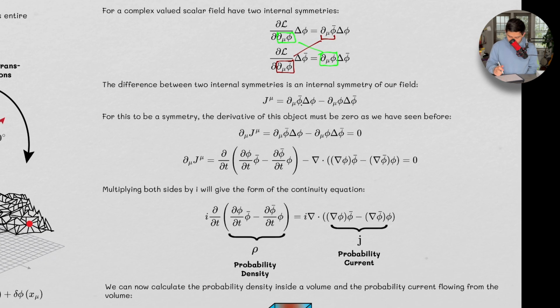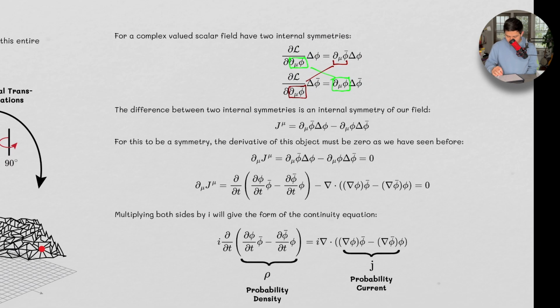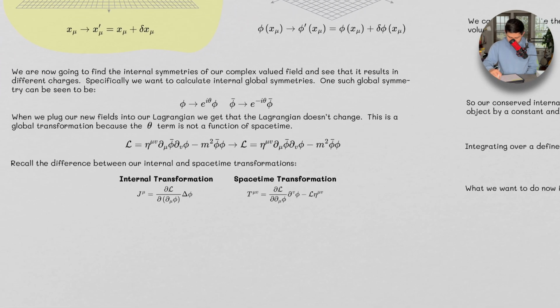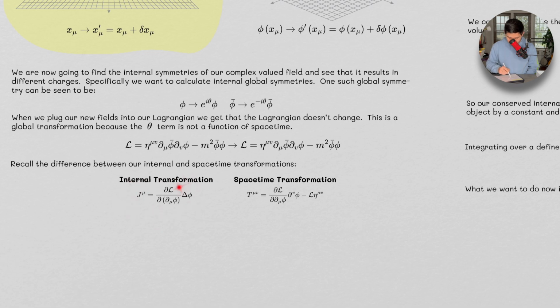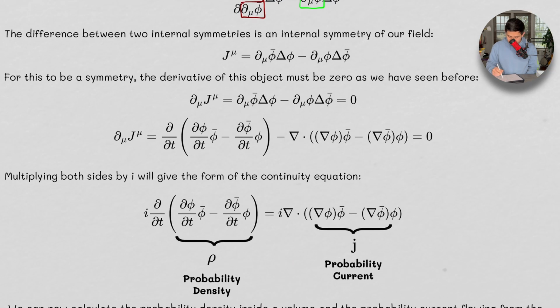Now we're going to take these and define our internal symmetry. We're not really redefining anything; this is just more general. This is for the case of real, because these are just real valued. But for the case of complex, we need both of these, because we need to be able to include that complex conjugate.